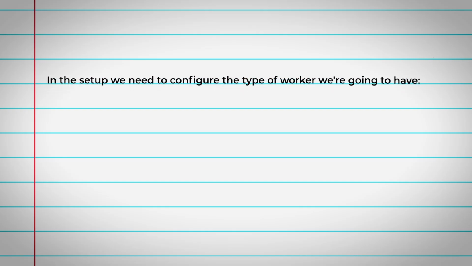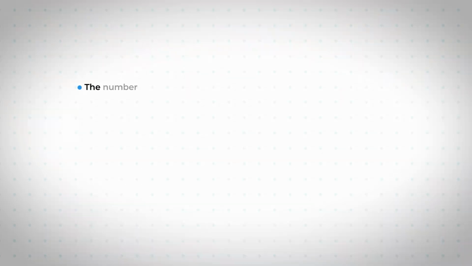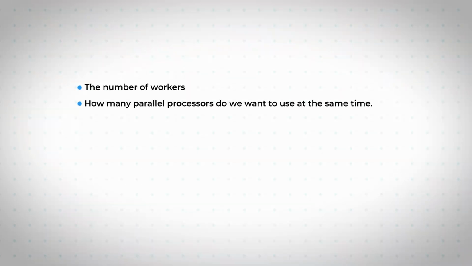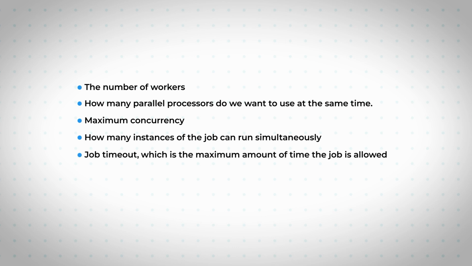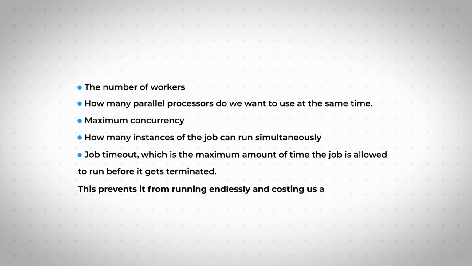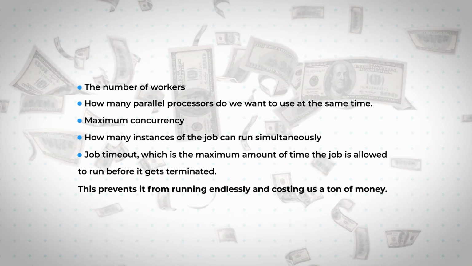In the setup, we need to configure the type of worker we're going to have: standard, G1X or G2X. We will talk about this in a minute. The number of workers: how many parallel processors do we want to use at the same time? Maximum concurrency: how many instances of the job can run simultaneously? And job timeout, which is the maximum amount of time the job is allowed to run before it gets terminated. This prevents it from running endlessly and costing us a ton of money.